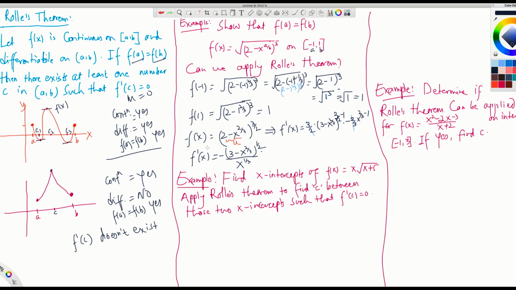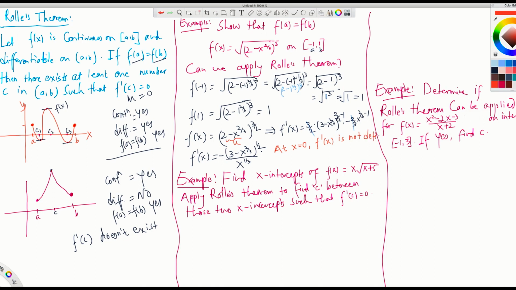So does this f prime of x exist at all points between -1 and 1? No. Why? Because at x equals 0, which falls between -1 and 1, f prime of x is not defined.